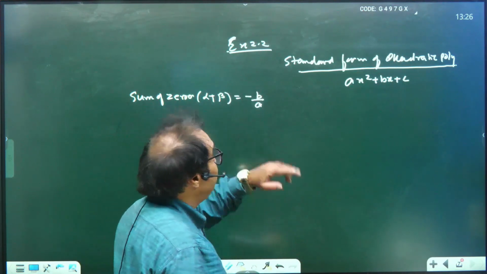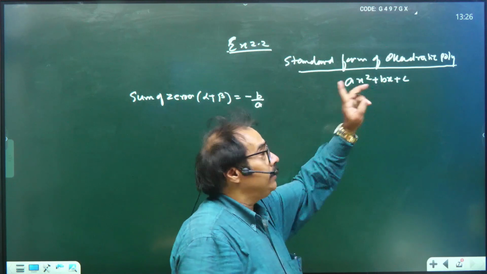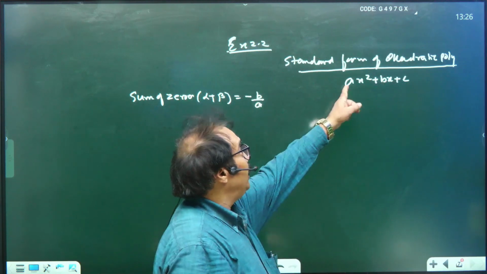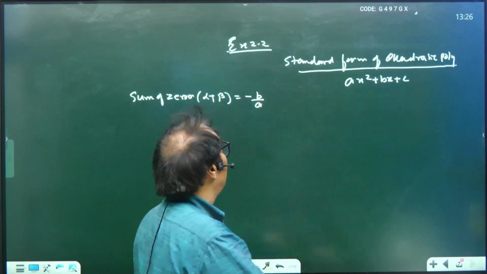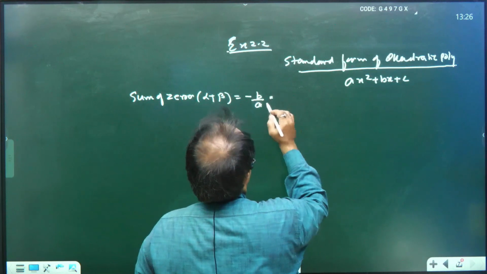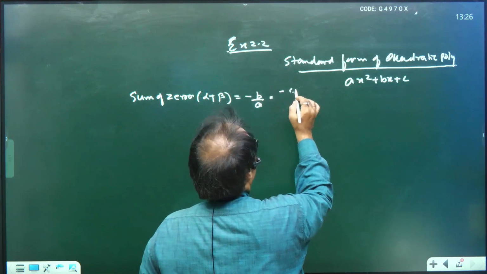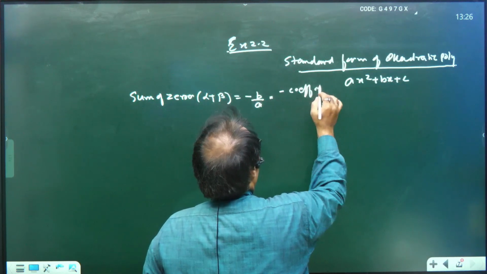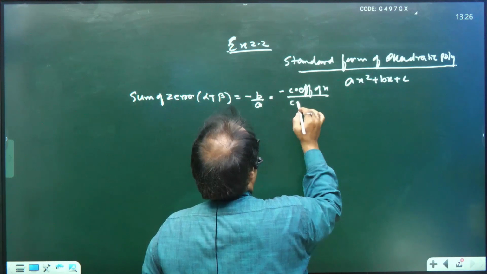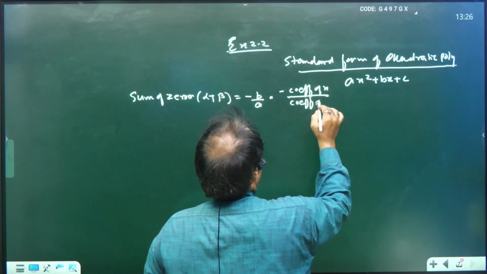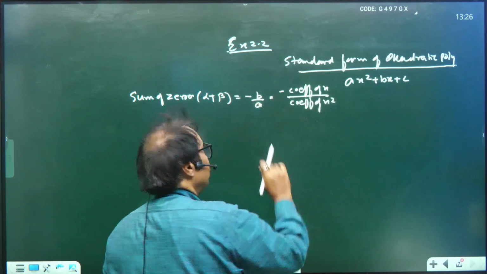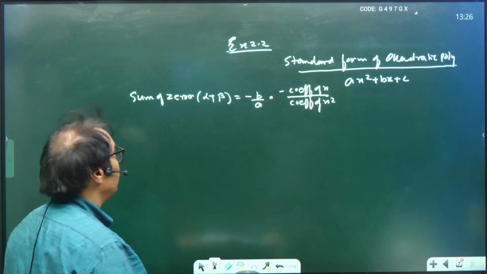Now, what is b and what is a? B is the coefficient of x and a is the coefficient of x square. So for your information, I am writing here minus coefficient of x upon coefficient of x square. So this is minus b upon a, sum of the zeros.